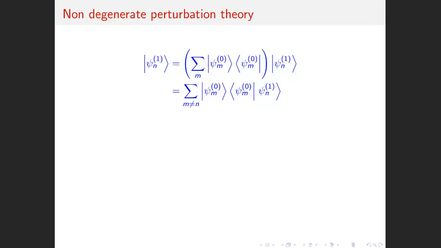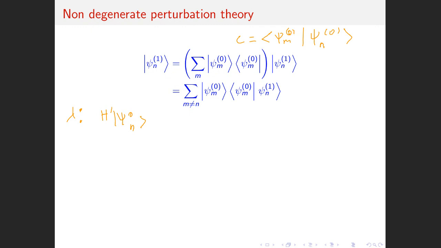And to get that overlap, if you go back to the expression, the lambda order term, you get H prime psi_n^0. Remember what we're looking for. We're looking for this C number, which is ⟨psi_m^0|psi_n^1⟩.